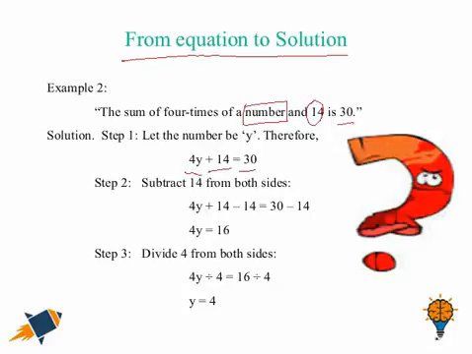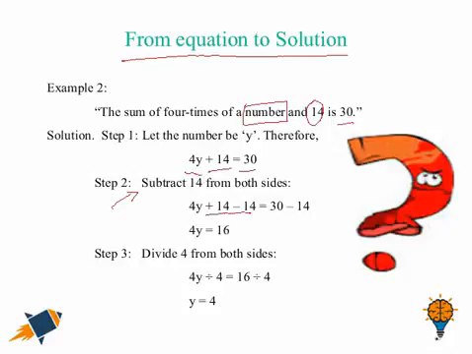Now, you can follow either path, adding or subtracting on both sides, or transposing. In this case, we have used adding or subtracting on both sides. So we are taking away 14 from both sides. So the equation is 4y plus 14 minus 14 is equal to 30 minus 14.